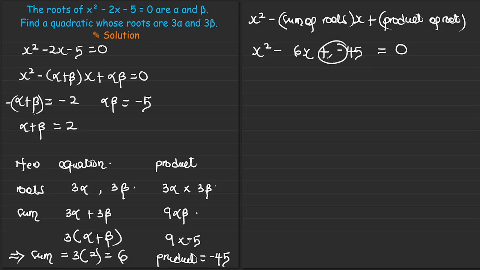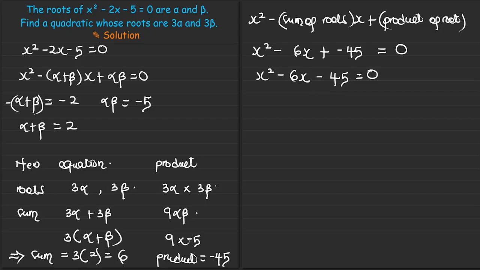With this, let's do our necessary simplification. So we have x squared minus 6x minus 45 is equal to 0. As simple as that. So this here becomes our new equation.